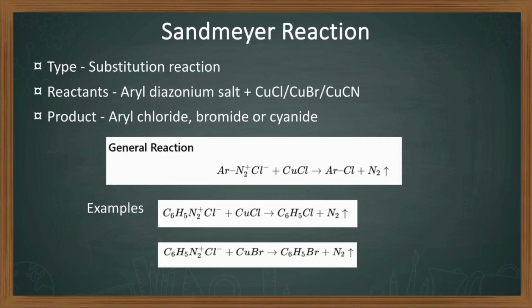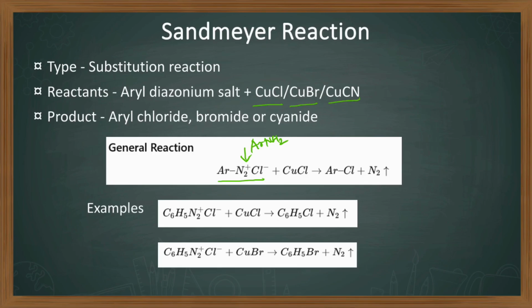The next reaction we are going to discuss is Sandmeyer reaction. It's a substitution reaction by nature. In this reaction, we are going to take aryl diazonium salt. This salt is a very stable salt produced from aryl amines using diazotization reaction, and this diazonium salt reacts with cuprous chloride, cuprous bromide or cuprous cyanide, any one of them.